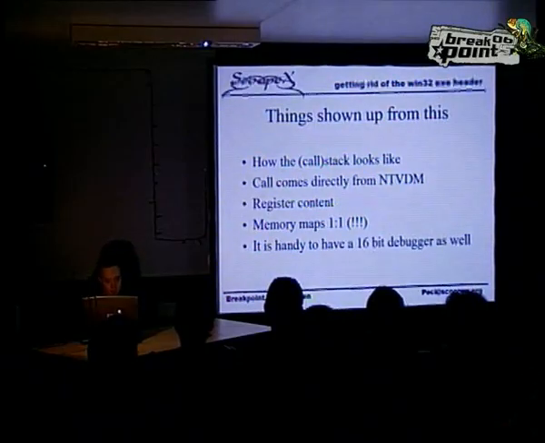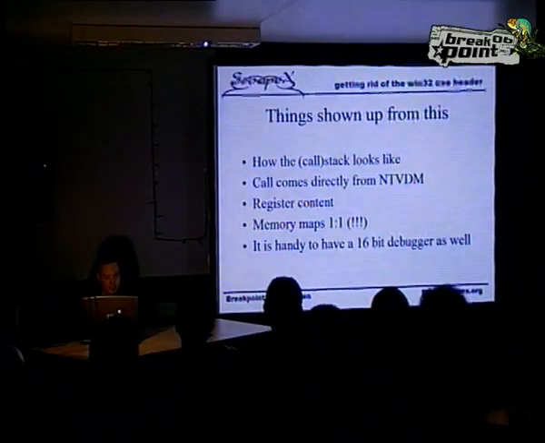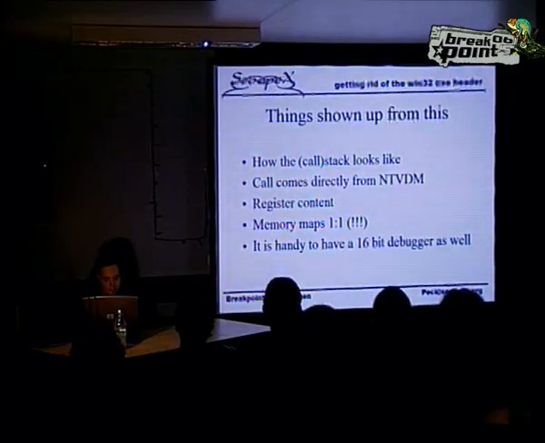So what things have I seen from that? Well, basically first I saw the stack and also the call stack. I've seen that the call comes directly from the NTVDM environment, so that there is no fancy handling with threading and that stuff. It comes directly through.